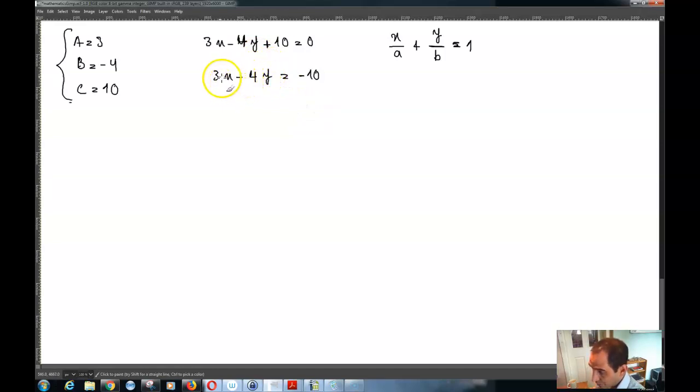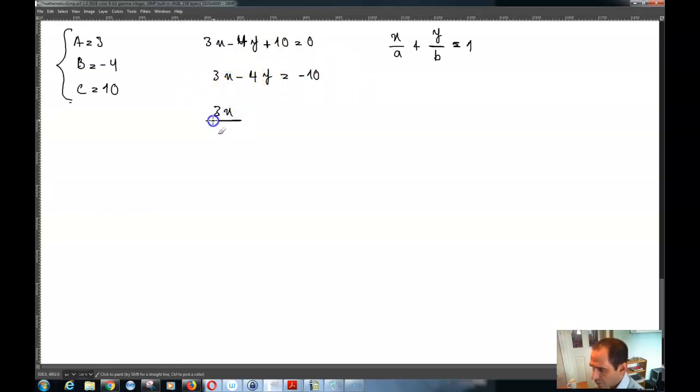So if I want to get rid of this 3, I have to divide by 3, and if I divide by 3, I have to divide everything by 3. Then to get rid of this 4, I have to divide by 4, and so I would have to divide everything by 4. So I divide everything by 3 times 4, which is equal to 12.